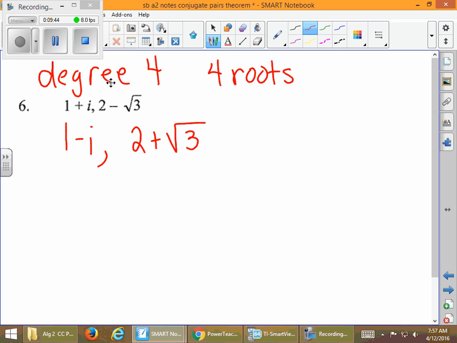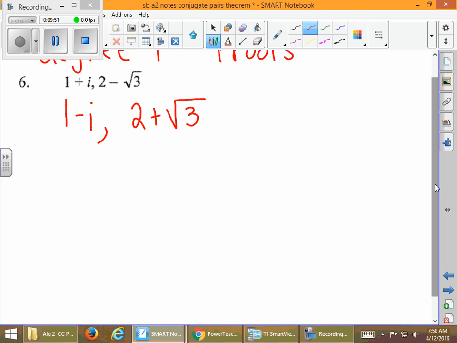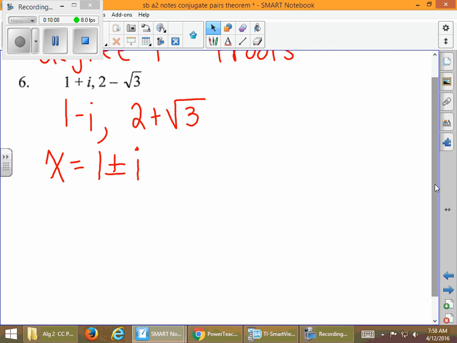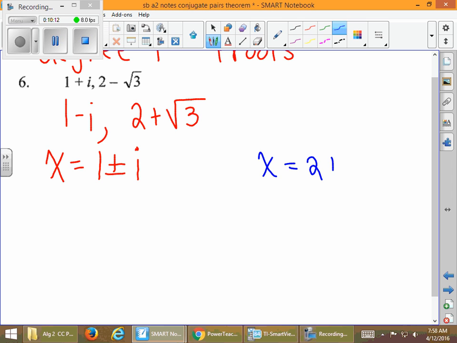So now, go as far left on this as you can. I think that we can fit it in, but what we're going to do is set this up as x equals 1 plus or minus i. We're also going to set it up as x equals 2 plus or minus square root of 3.